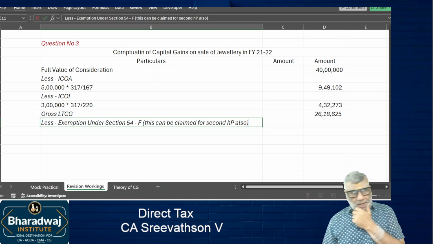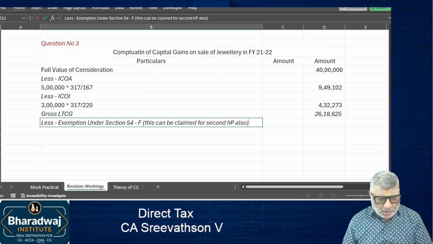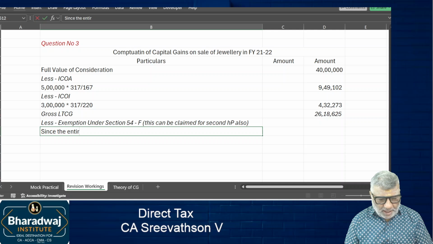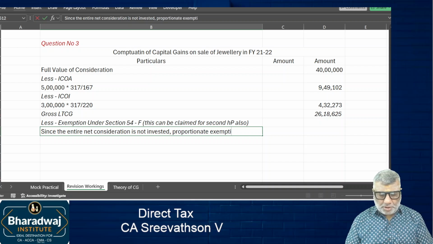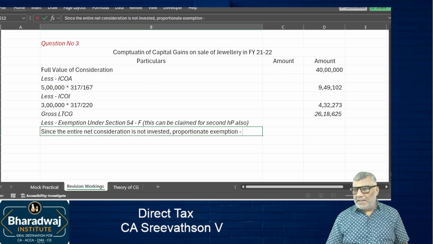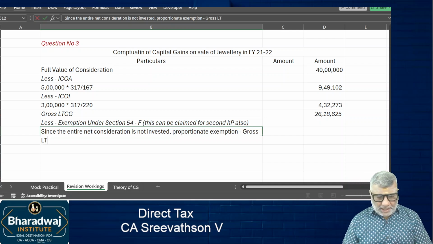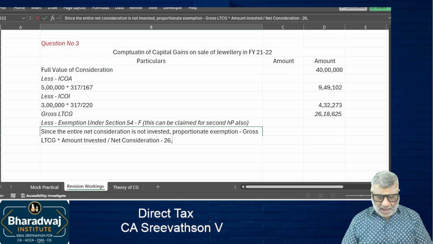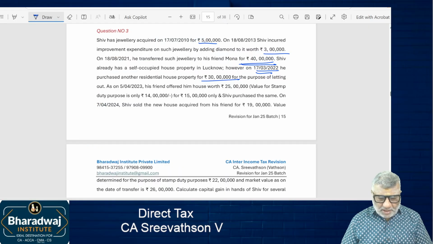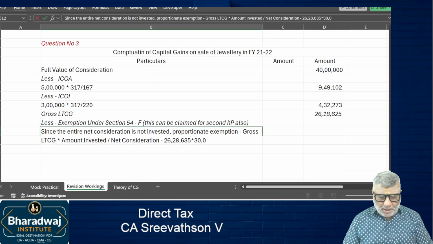Since the entire net consideration is not invested, proportionate exemption, which will be gross LTCG into amount invested divided by net consideration. 26 lakh, 18,625 into, I think we have invested 30 lakhs, 30 divided by 40 lakhs.